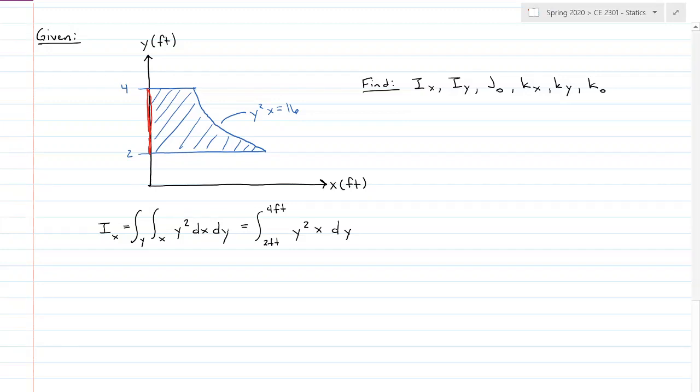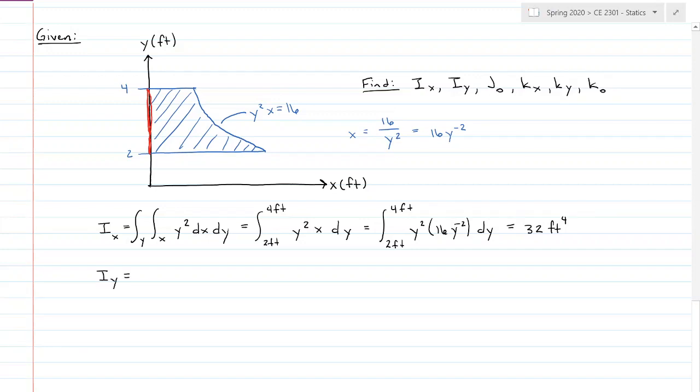Coming up here, x is equal to 16 divided by y squared, or if you prefer, 16 times y to the negative 2, whichever. So this is equal to the integral from 2 feet to 4 feet of y squared times 16 y to the negative 2 dy. And that value ends up being 32 feet to the 4th power.